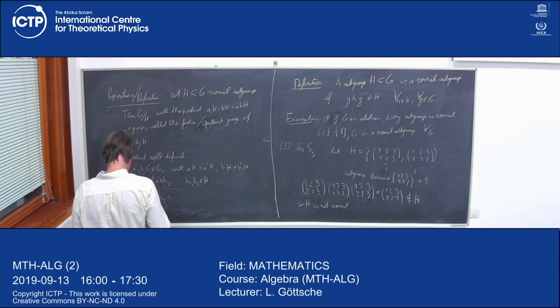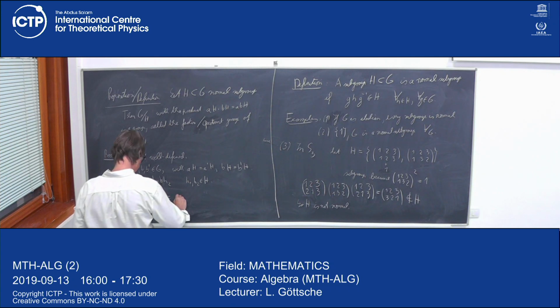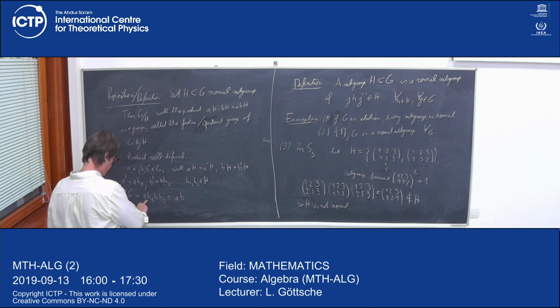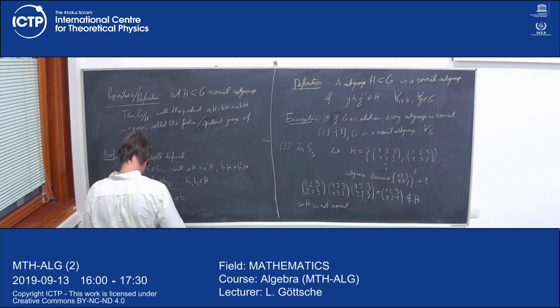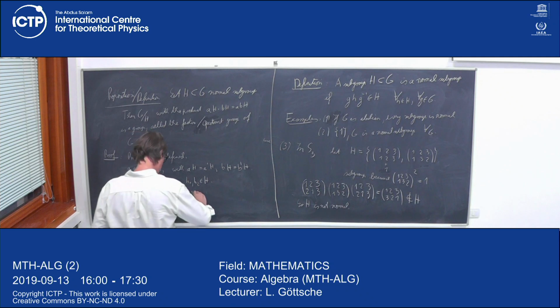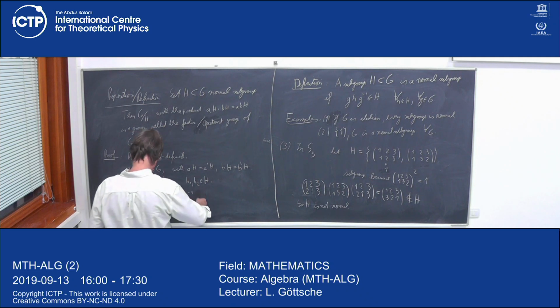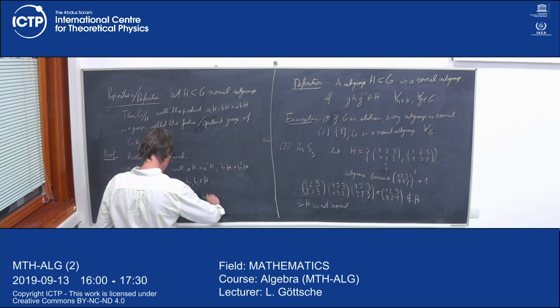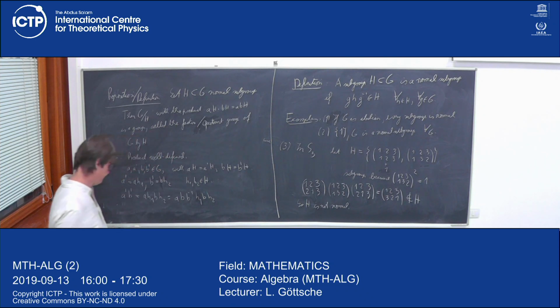So you can write this as a, and we put here b to the minus 1, h1, b, h2.